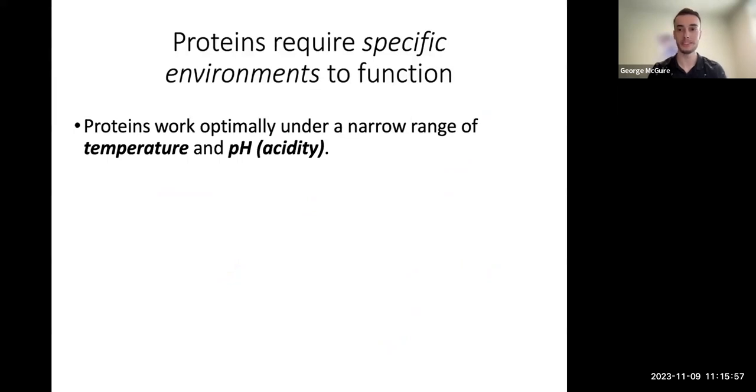And so in order for proteins to maintain that structure and be able to perform their function, each protein typically has a specific range of pH and temperature that it can maintain its structure within. So when a protein is exposed to an environment outside of that range, that will typically cause it to denature.